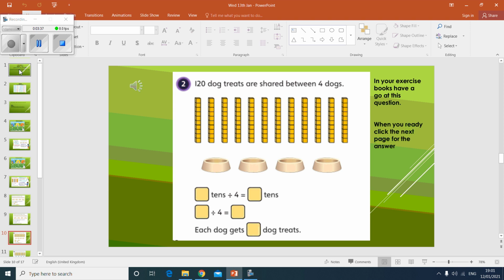So I've put them into groups of 10. I'm sharing out the tens between 4 dogs. How many tens will each dog get? That's 120 shared by 4 dogs is equal to how many? How many treats will each dog get? Pause the video and we'll look at the answer.